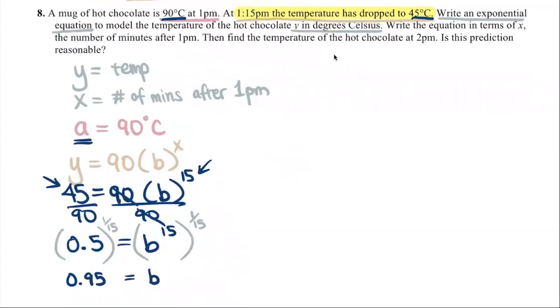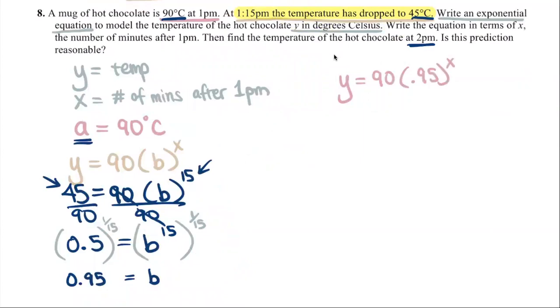Okay, next, let's go to finding the temperature at 2 p.m. Because of time, I'm going to go ahead and take over. So to find the temperature at 2 p.m., I have my equation. My b is 0.95.